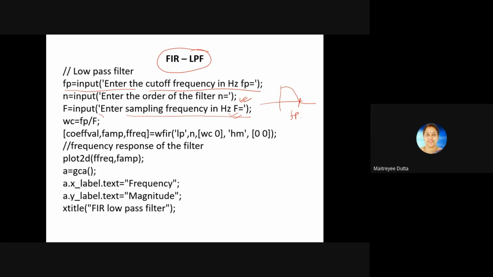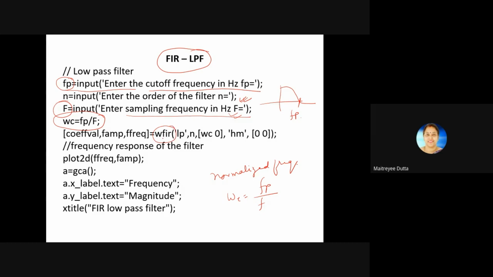Another thing is we have to find the normalized frequency. The normalized frequency is fp by F. fp is what we know, the cutoff frequency. F is our sampling frequency. So we have to take out wc, because in the case of the command wfir, I will tell you why it is w.